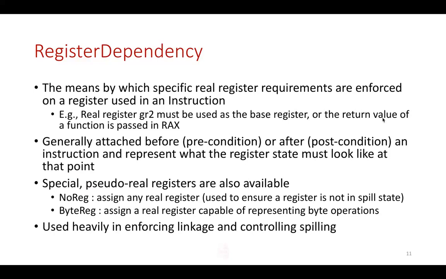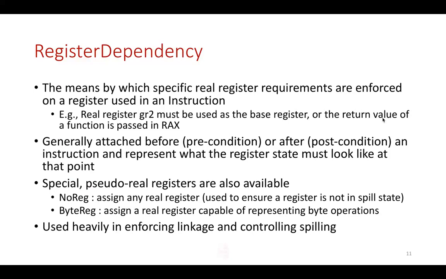And the way these actually look is sort of a mapping of a virtual register to a real register, right? So GPR 836 has to be assigned to GR0 in the real register. And you can really build up these sort of mappings. But we also have some special pseudo-real registers that you can use as well.